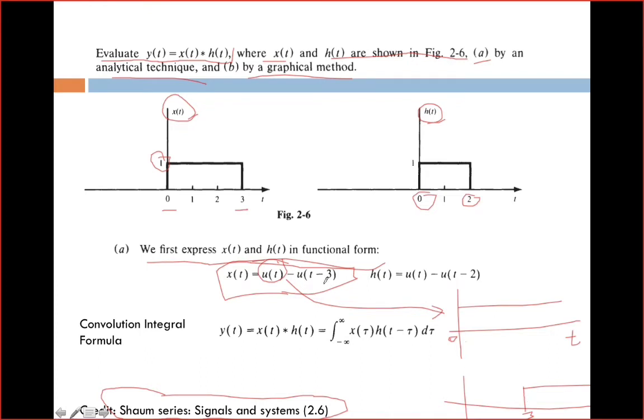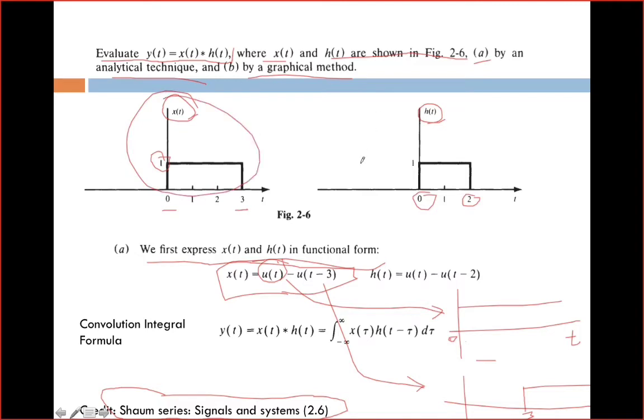When you subtract these two signals, I will get the first signal, that is x of t.